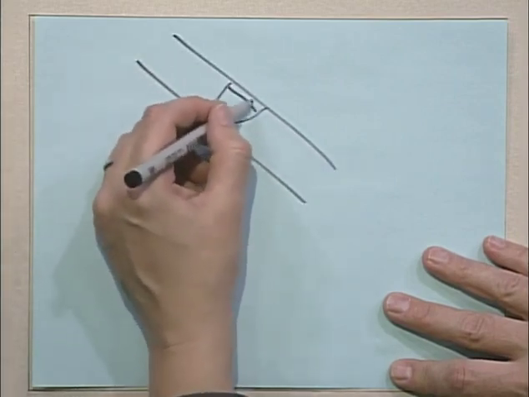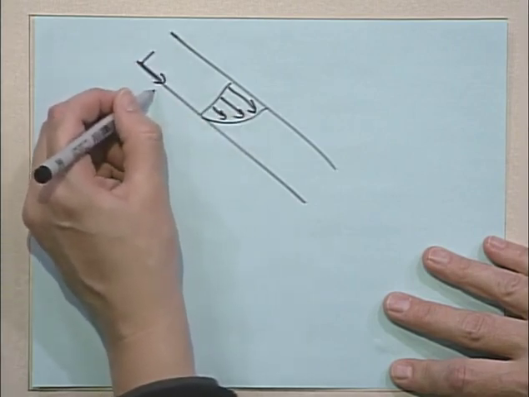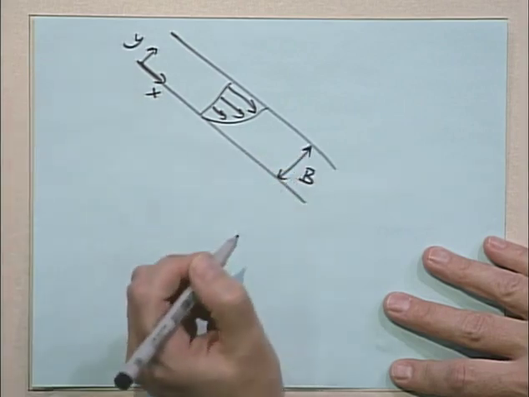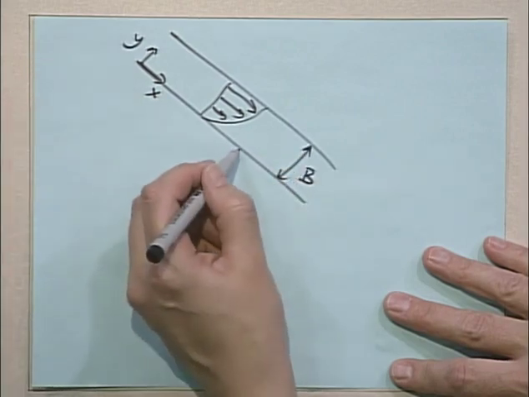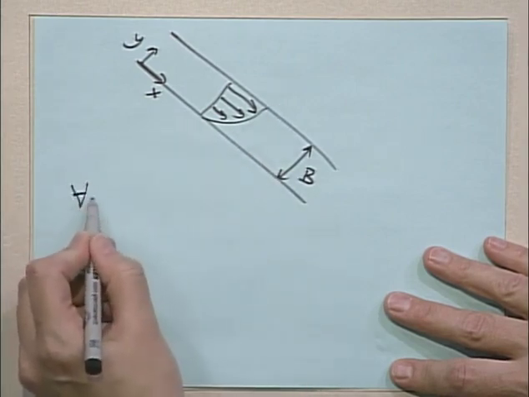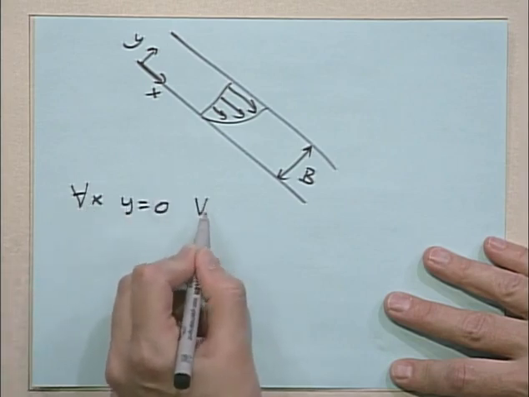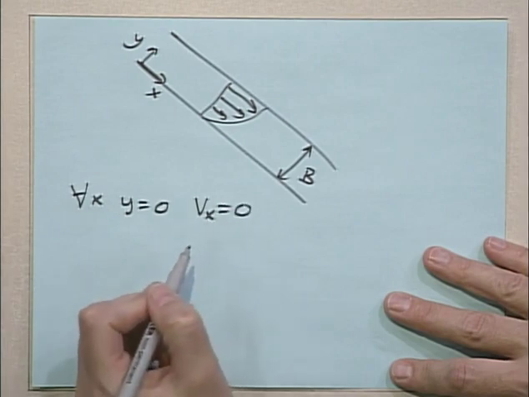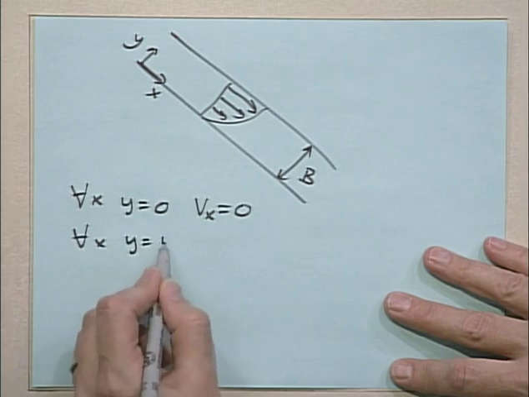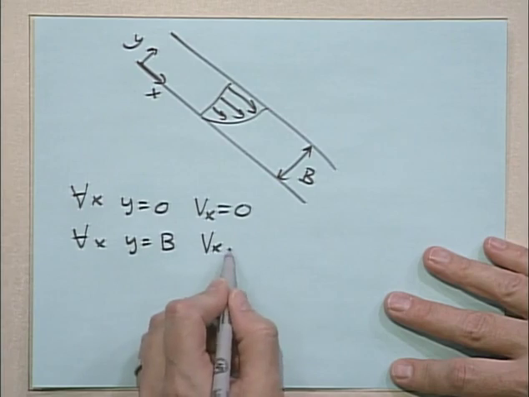I won't get the coordinate system correct because I don't remember what it is, but let's say I pick this coordinate system, x, y, and this height is b. Then the two boundaries are the top and the bottom. So I would say for all values of x, when y is 0, the velocity in the x direction is 0. For all values of x, when y is b, that means when y is equal to the top plate, the velocity in the x direction is 0.